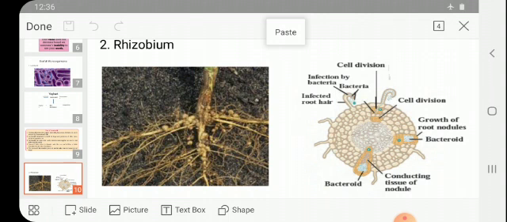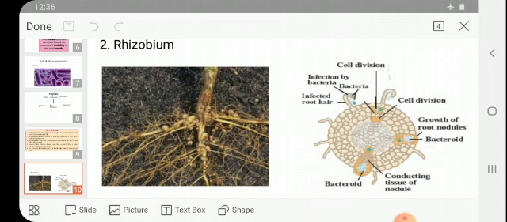Then, role and importance of rhizobium. How is rhizobium useful to us? Just now we had seen that nitrogen is fixed in the root nodules by the rhizobium. So what happens? They convert the nitrogen into ammonia and the different compounds of nitrogen, that is nitrates, nitrite, amino acid.